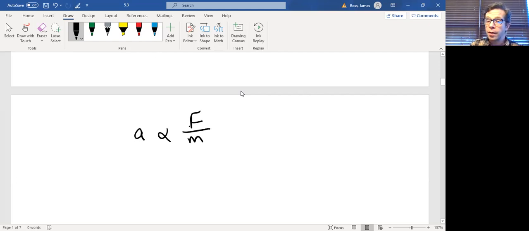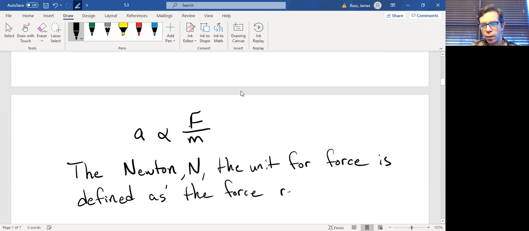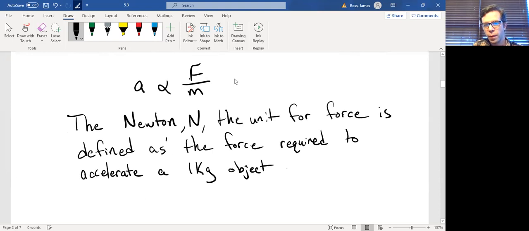And now make an observation here. The Newton, which is the unit for force, is defined as the force required to accelerate a 1 kilogram object at 1 meter per second squared.